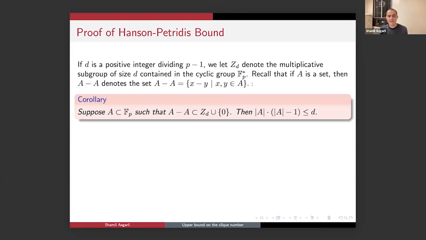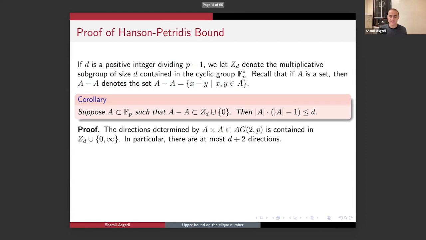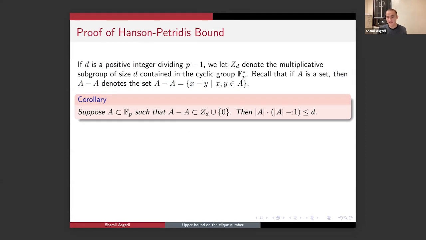Suppose A is a subset of a finite field F_p, such that A minus A is in Z_d union {0}, then we can control the size of A. In fact, the size of A times the size of A minus 1 is at most d.